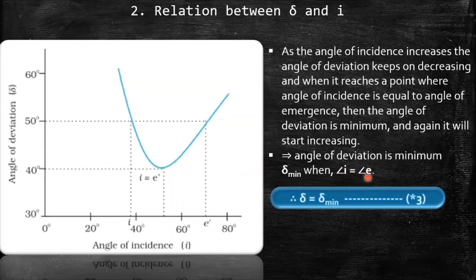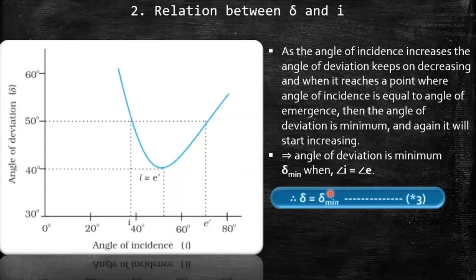Do you remember when was the last time this happened? When the angle of incidence was equal to the angle of emergence? That was in a rectangular slab, right? And at that time we clearly found out that delta was 0. But this time, because delta depends on I, E and even A, thus delta cannot be 0 here.